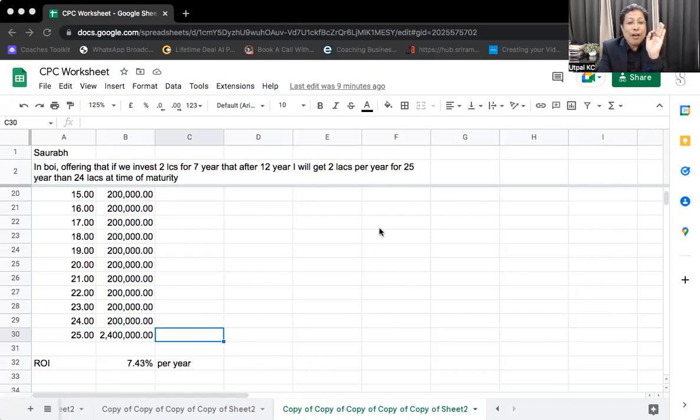Please get out of it. As soon as the lock-in period is over, that means it is a closed-ended fund. I said just now, open-ended and closed-ended. This is a closed-ended fund. Get out of it. Have proper knowledge such that you can really choose the right mutual fund.